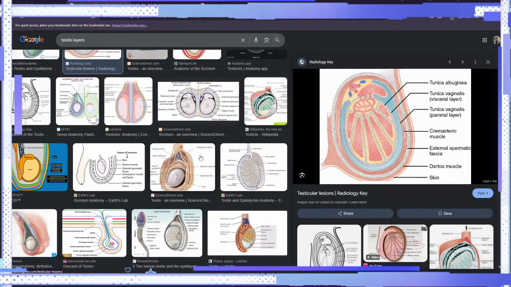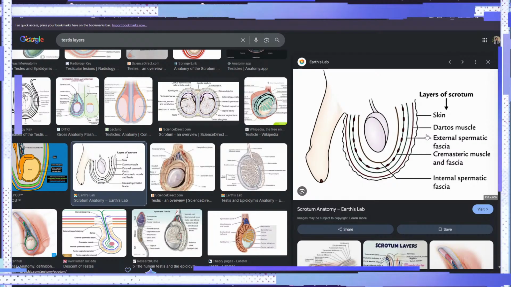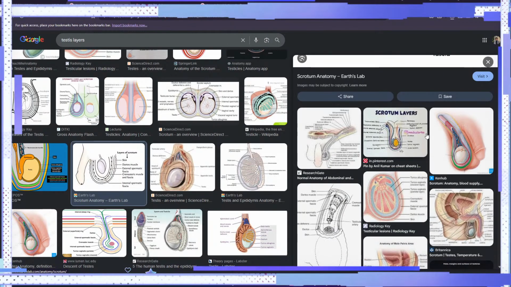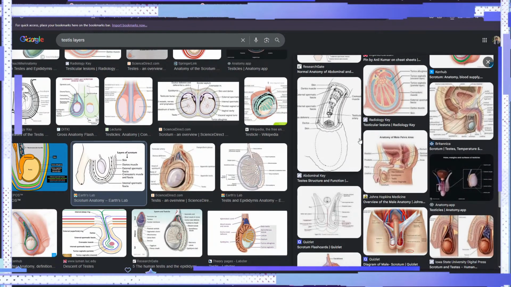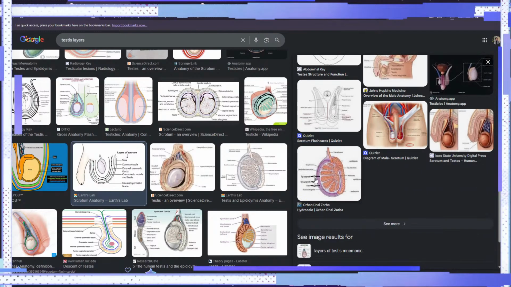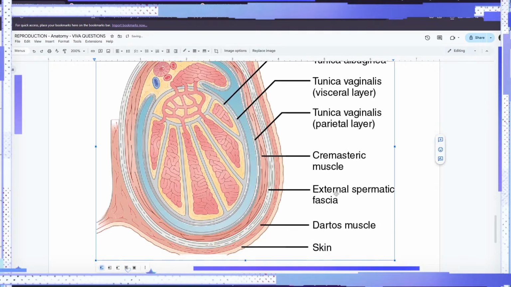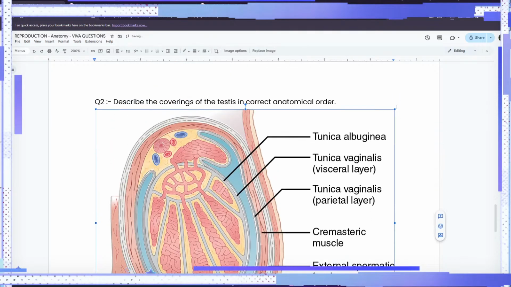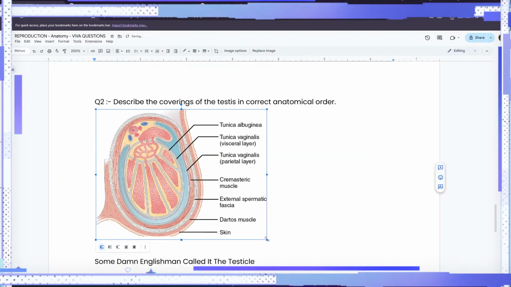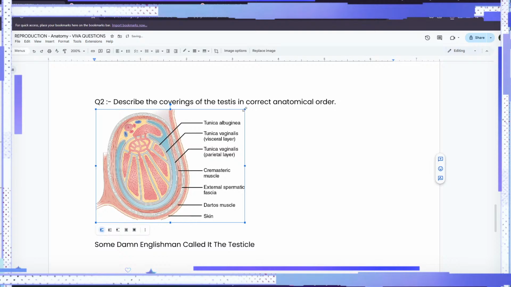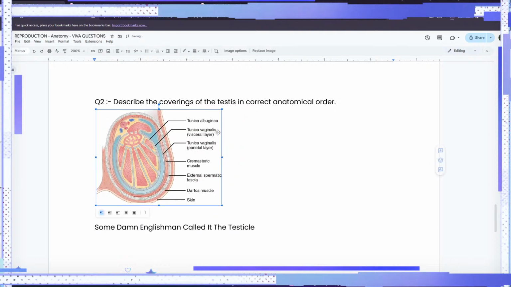Fair enough, fair enough. Okay. All right. So we have this, and we have a much better picture as well, don't we?